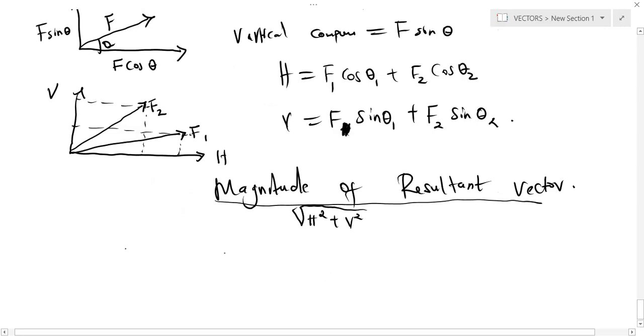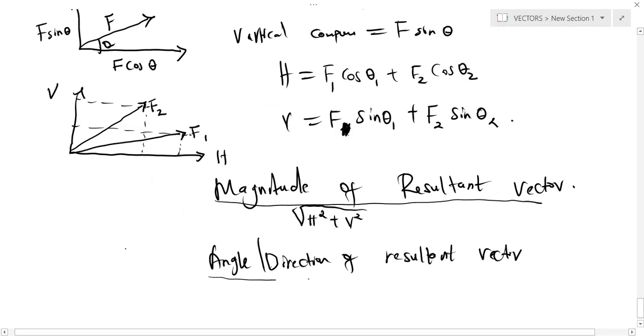And the angle, also called the direction of the resultant vector, is given by theta, which is equal to tan inverse of v over h.